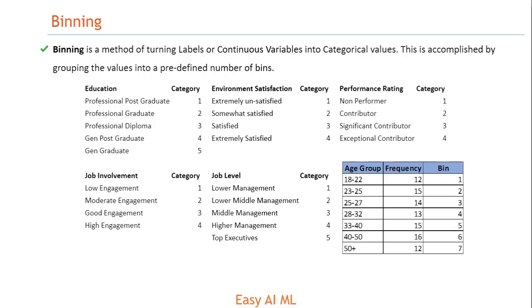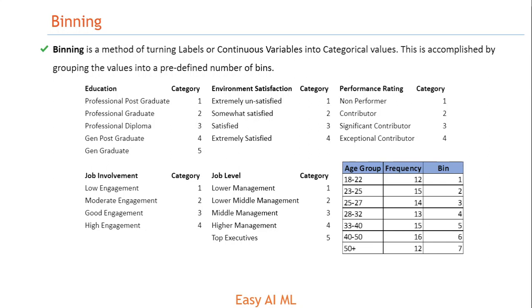If we can group the education into professional postgraduate, professional graduate, professional diploma, general postgraduate, general graduate, and put all of the employees into these categories, we can look at the education factor to correlate with the event of attrition.